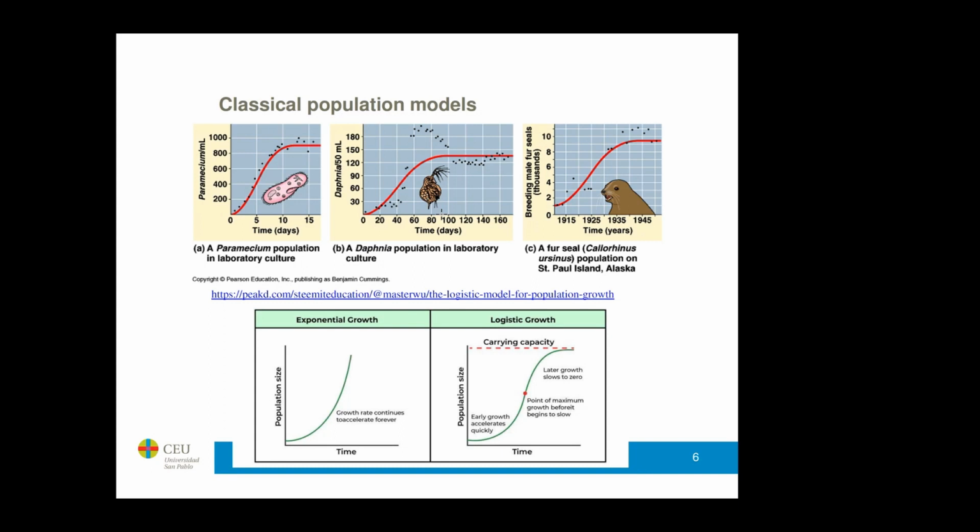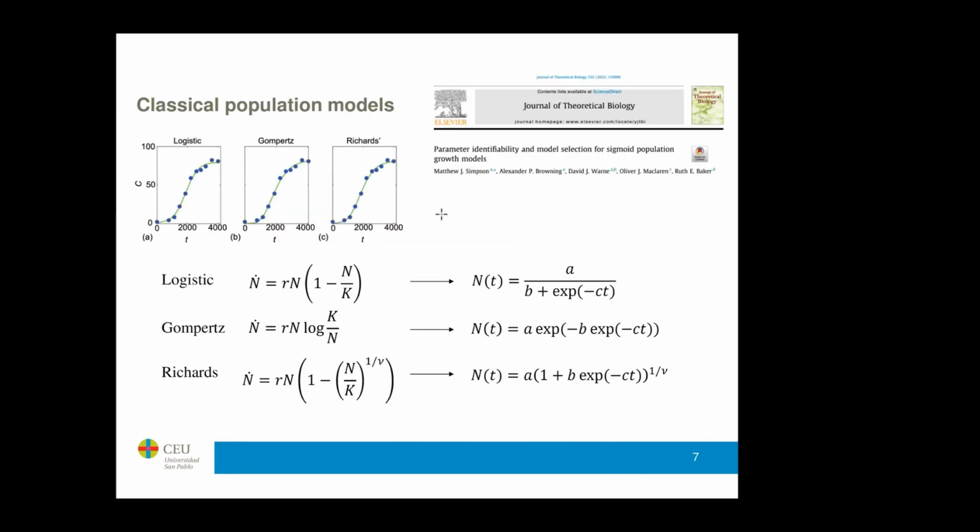Here it represents very well. Here there is a band that is not well represented. Here you have very scarce data, so you don't know if it is a good representation or not. So these are the mathematical models that are used to represent these population growths.